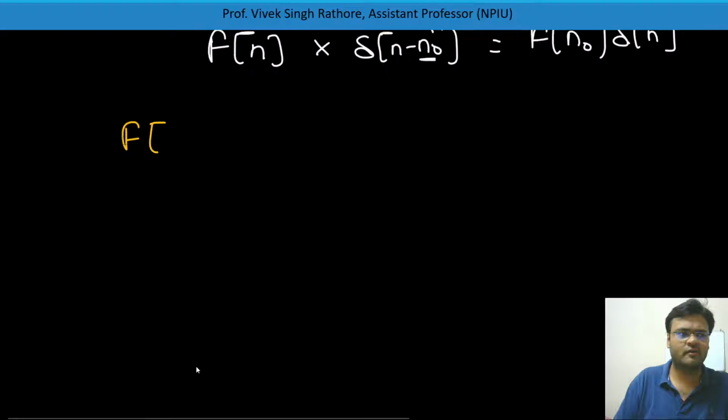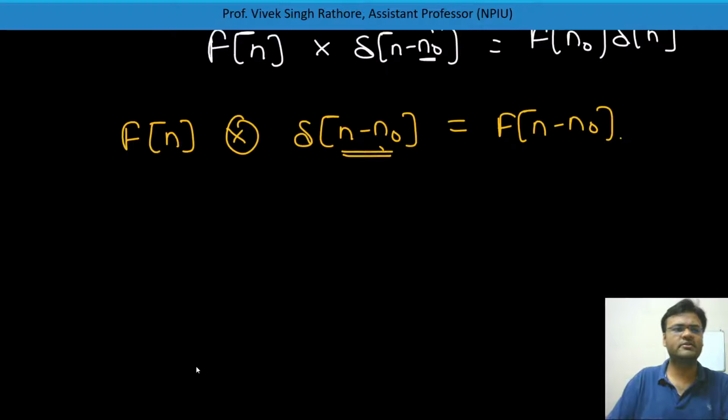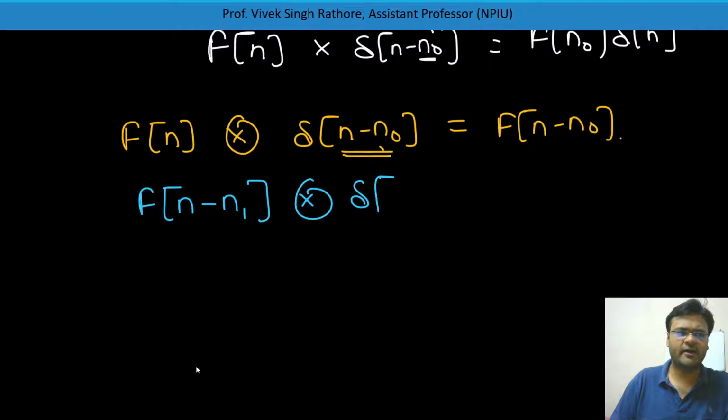But whenever we are convolving two signals, f n convolved with delta n minus n naught, you can directly put this value in here. So f n minus n naught will be coming. This is your impulse convolution. Now I'll give you an example. f n minus n1 is convolved with delta n minus n naught.